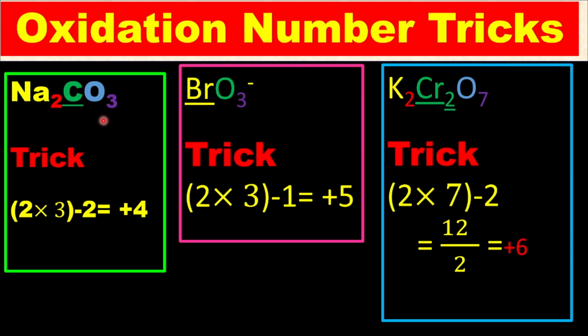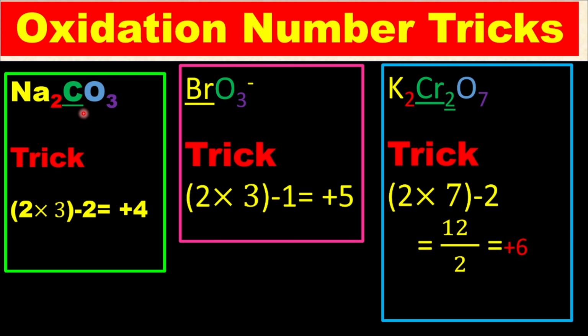Let's take more so that you understand this. In this one, we want to determine the oxidation number for carbon. So with the same trick, the fastest way, we go 2 times 3, that is 6, minus 2, and that will give you plus 4. Why? Because we have a number here. Now the question is, how did this number come here?